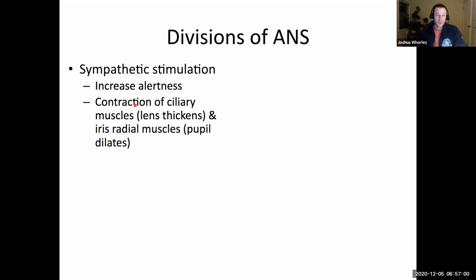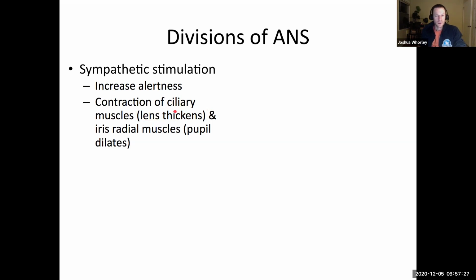So we get contraction of the ciliary muscles, and we'll learn more about the ciliary muscles in the special senses, but they're basically a muscle within your eye that controls how thick your lens is and tends to bend incoming light and focus it on the photosensitive part of your eye, which is your retina.